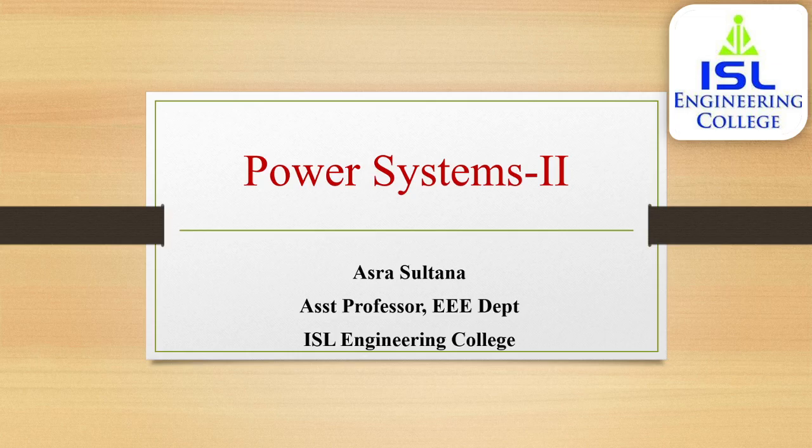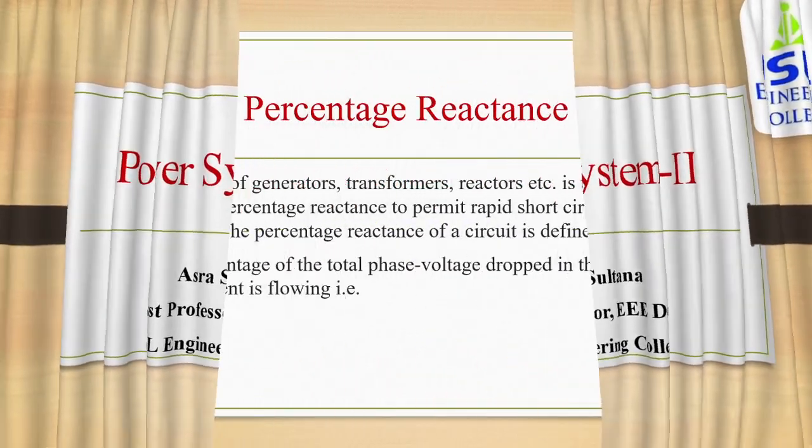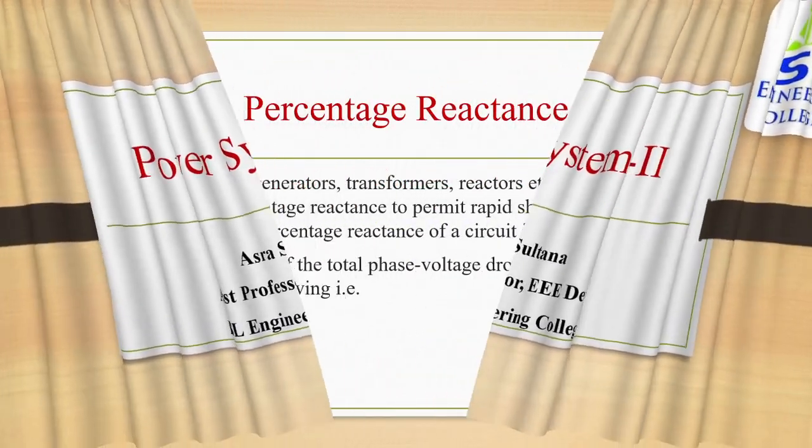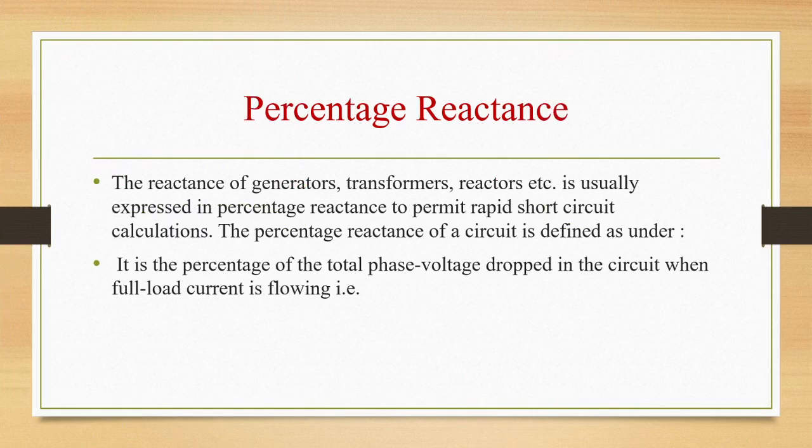Symmetrical faults are nothing but the faults on the power system which will give rise to symmetrical fault currents, that is, equal fault currents in the lines with 120 degrees displacement. A symmetrical fault occurs when all the three conductors of a three-phase line are brought together simultaneously into a short circuit condition.